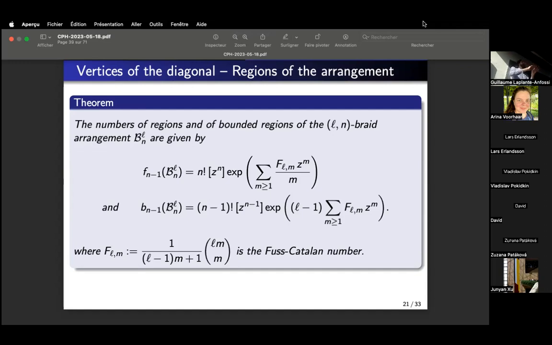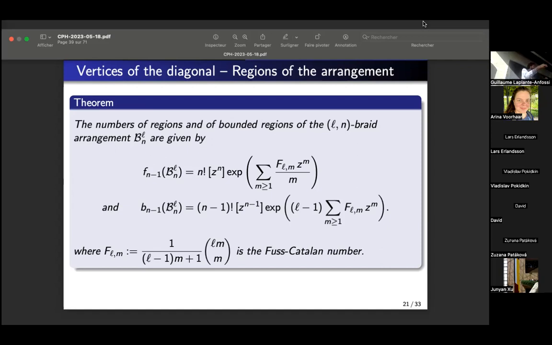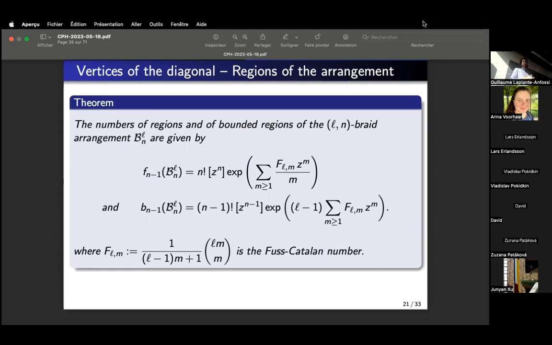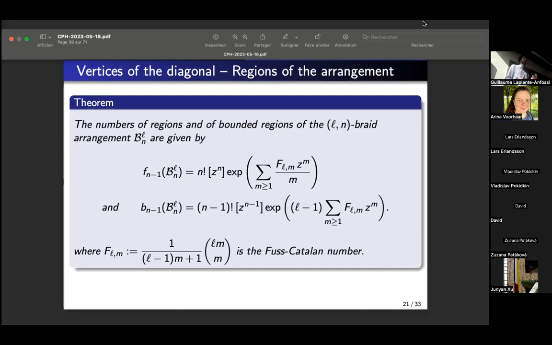But these are not all the intervals, only some of them. But it turns out that we can count them, and they are given by this exponential of Catalan numbers. But when you take different L's, you get Fuss-Catalan numbers.